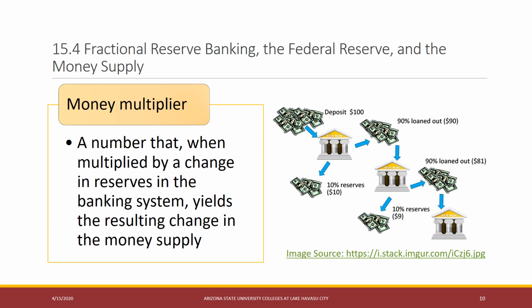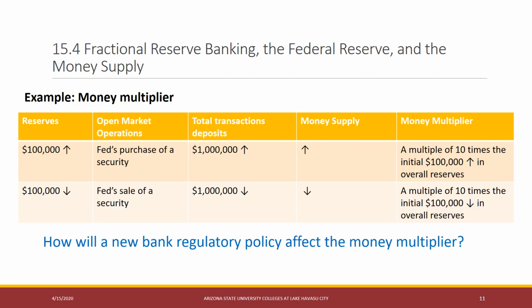What is a money multiplier? It is a number that, when multiplied by a change in reserves in the banking system, yields the resulting change in the money supply. So let us consider an example.